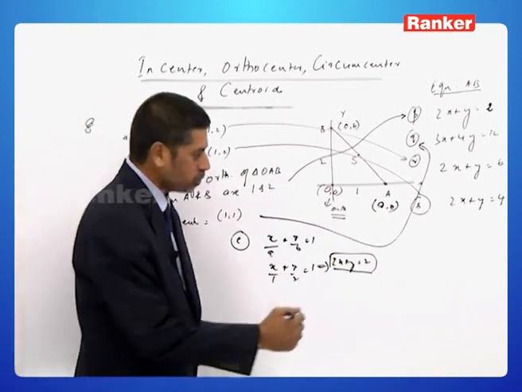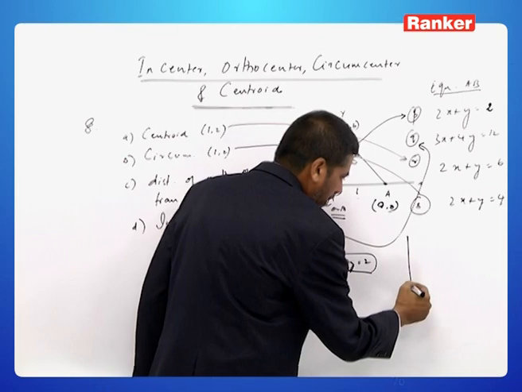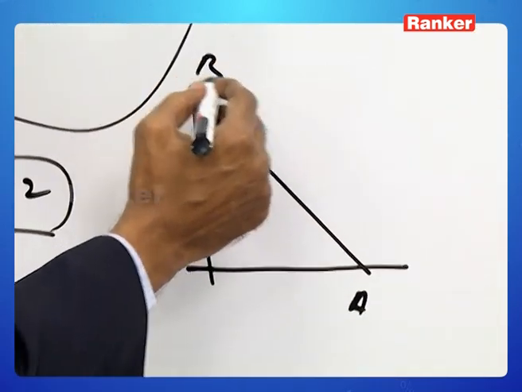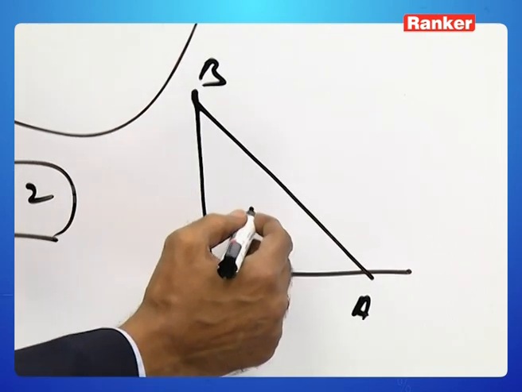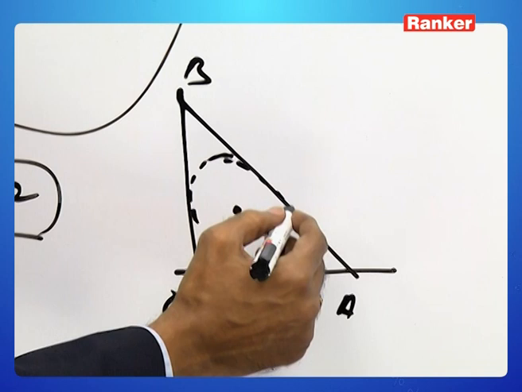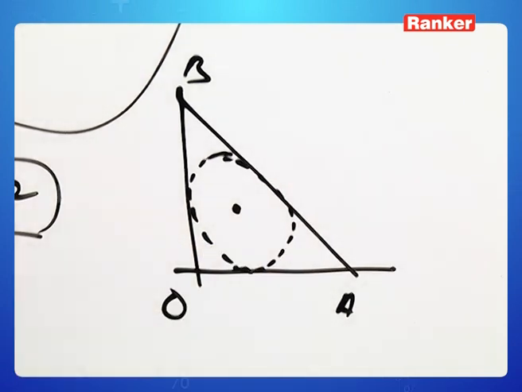For that, what he has to do is, he has to draw this right angle triangle, where this is A, this is B, origin. Incenter is a circle which touches the triangle from inside.